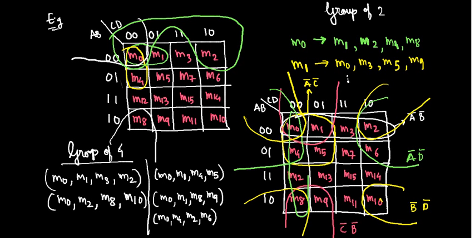This one. M0, 4, M12, M8. Anything else? This is only for this corner one.